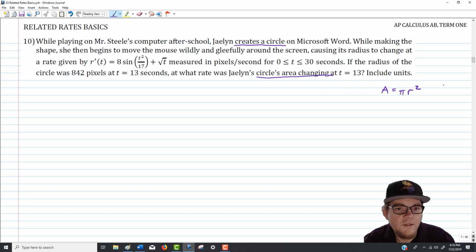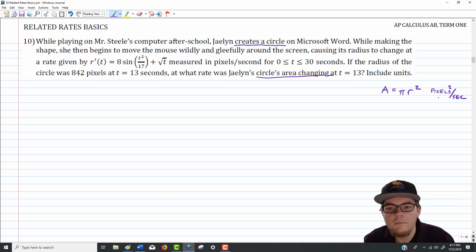Notice that the units would be the units of radius squared per second. So if you're looking for units here, it looks like our units would be in pixels squared per second.